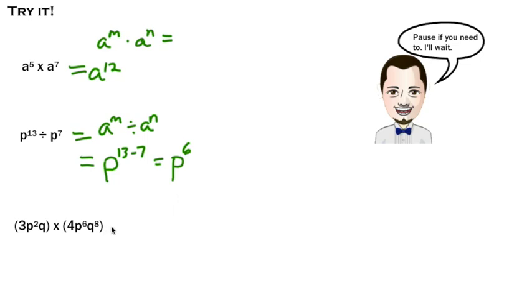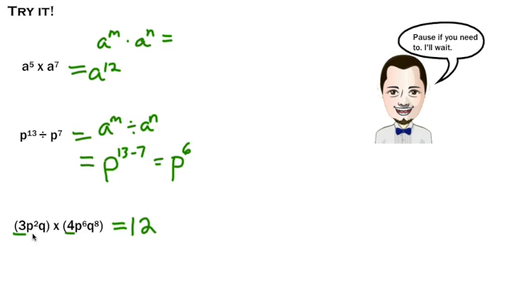Now, the last one gets a little tricky, but the first thing we need to do is take a look at our coefficients. We have 3 and 4. Now these coefficients, remember, are just numerical values, so you do that multiplication first. You have 3 times 4, and that equals 12. Now we're going to look at similar bases.